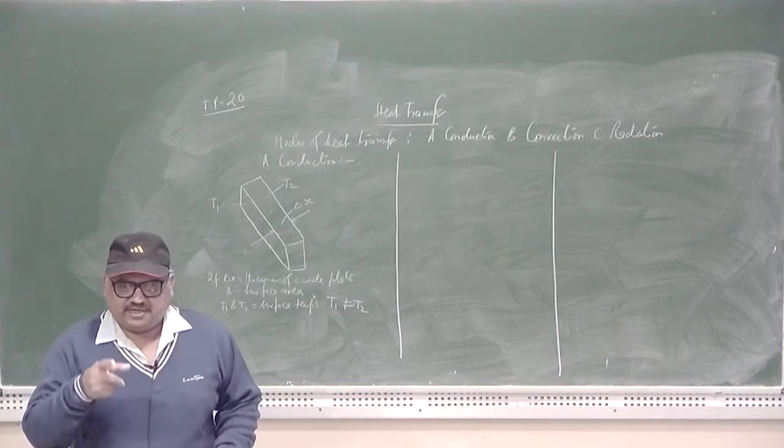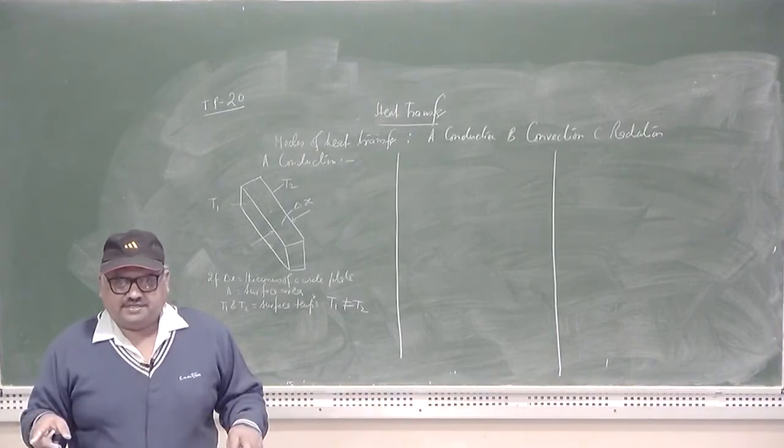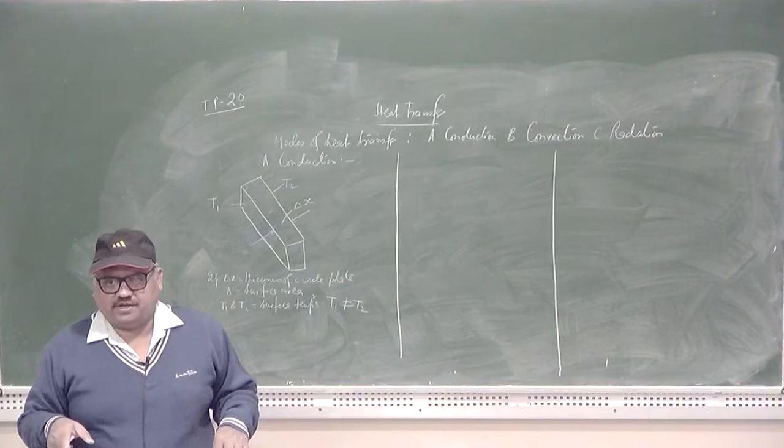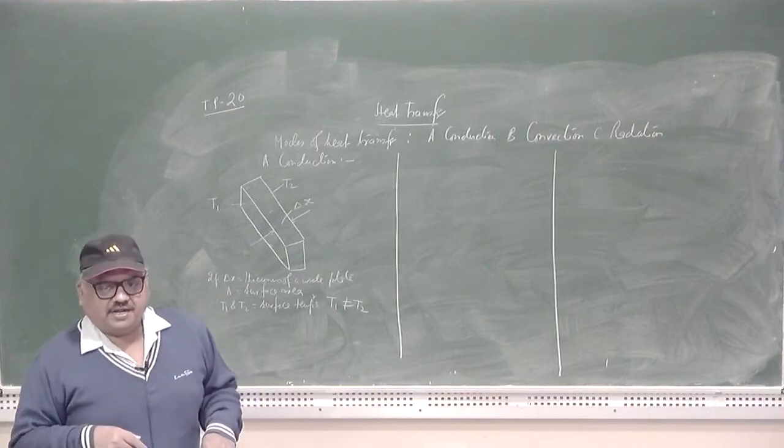Temperature gradient is nothing but the difference in temperature over a distance, that is delta x here. So, (T1 minus T2) by delta x is what is known as the temperature gradient here.